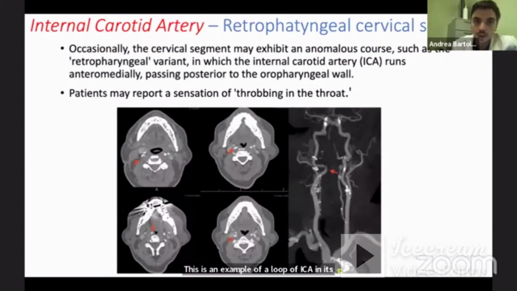And occasionally, the cervical segment may exhibit an anomalous course, a retropharyngeal course, in which the ICA runs anteromedially, passing posterior to the oropharyngeal wall, as we can see in this image. Patients, in these cases, may report a sensation of throbbing of the throat.